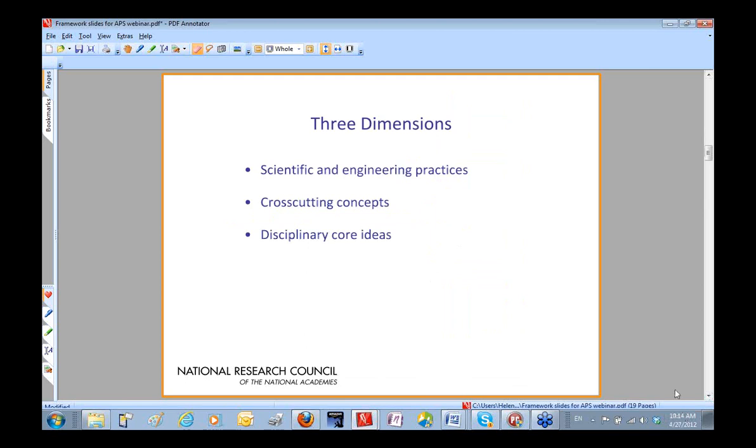The way the framework chooses to describe science is as having 3 dimensions, and I'm here just telling you the 3 dimensions. We'll get into them in a lot more detail as we go through this. The first dimension is the practice of science and engineering. In this case, we included a little bit of engineering, both because we think applying science in engineering design activity is a way to learn science, and because we think every student does need to know something about engineering.